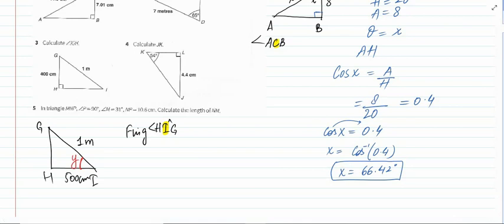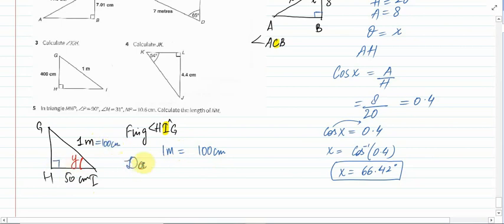So it's 1 meter and 500 centimeter. So I'm going to put 50 centimeter. We know that 1 meter is equal to 100 centimeter, right? So this base is 50 centimeter. So basically my hypotenuse is 100 centimeter, right?